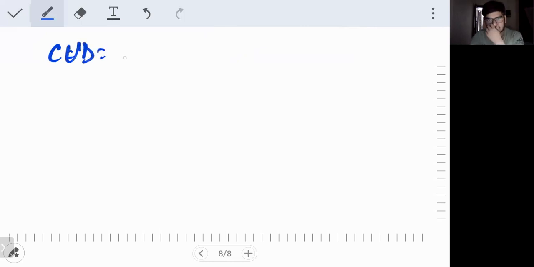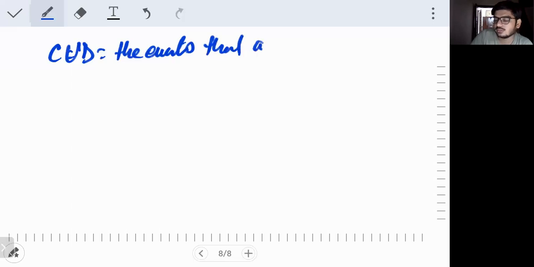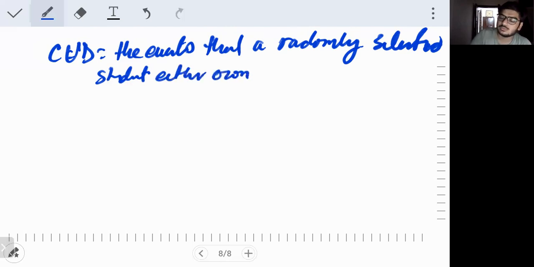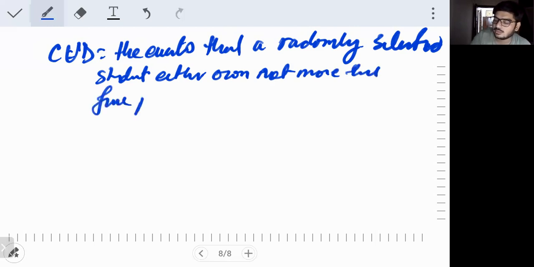C union D is defined as the event that a randomly selected student either owns not more than 5 pairs or an odd number of pairs.